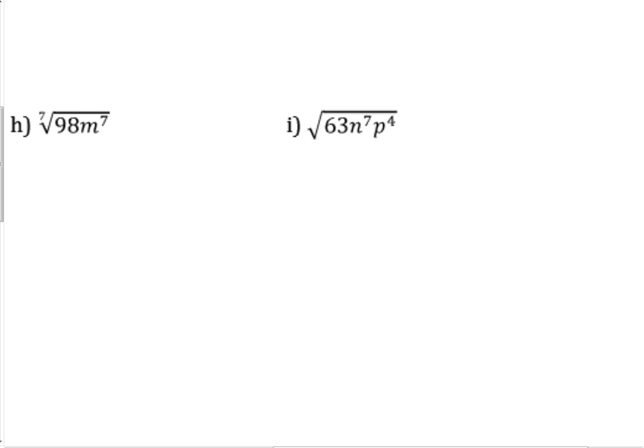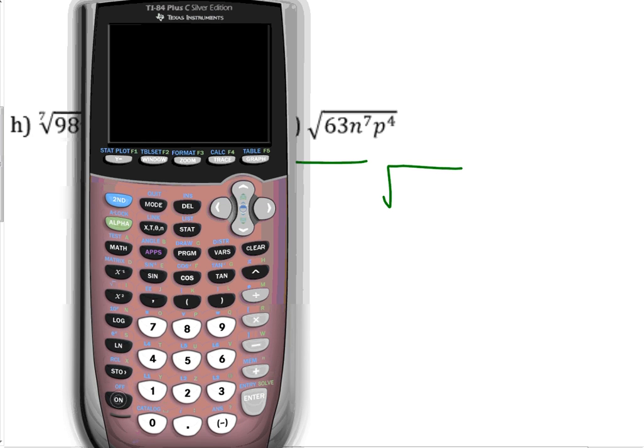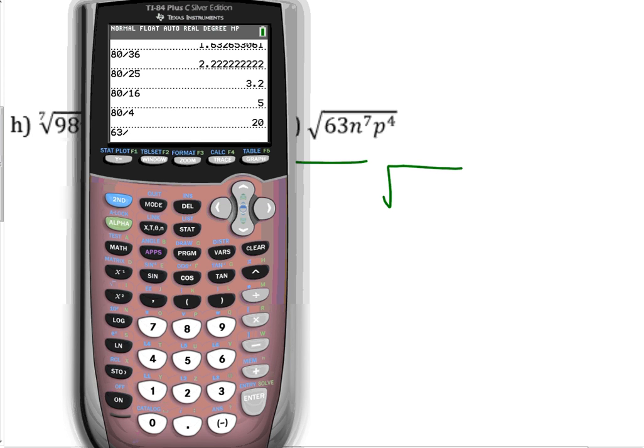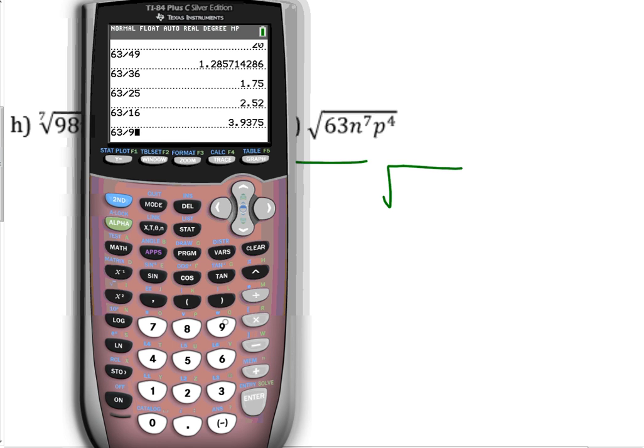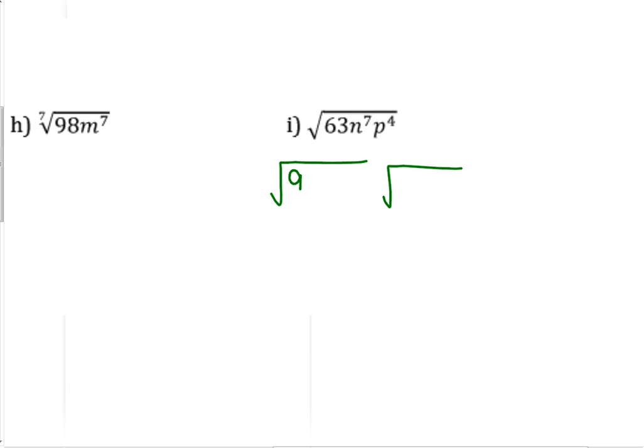So first let's talk about 63. What is the largest perfect square that goes into 63? If you're not sure, we can divide. 49 is too big, 36 no, then there's 25, then 16, then 9. 9 times 7 gives you 63.